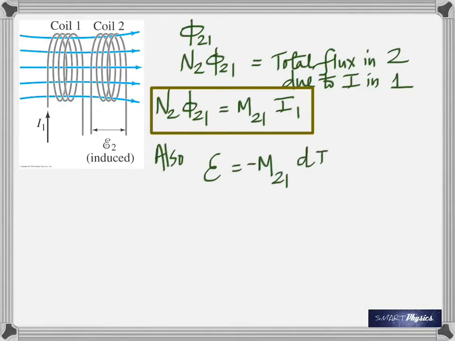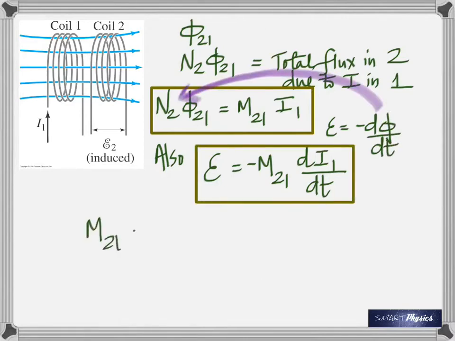So if you plug in that into this, you're surely going to get M21 di1 by dt. Why? Because M21 is a constant, right? You need not differentiate that. Are you with me? And therefore you will have di1 by dt. That is by using that equation. And that is a very important equation there.